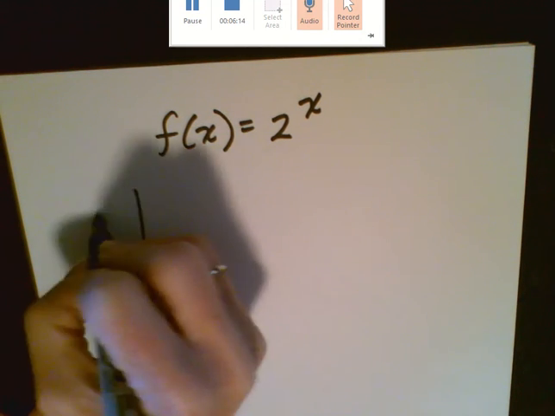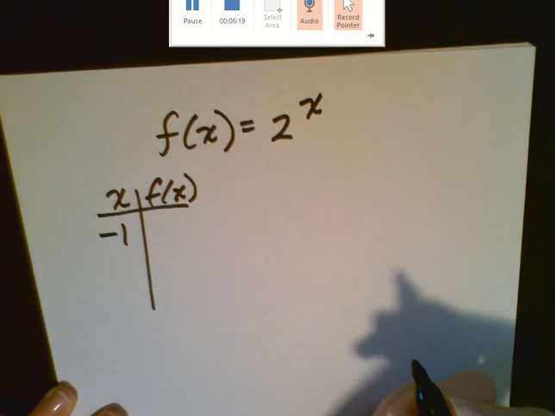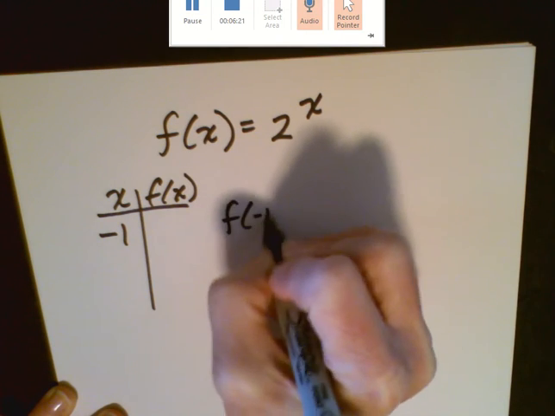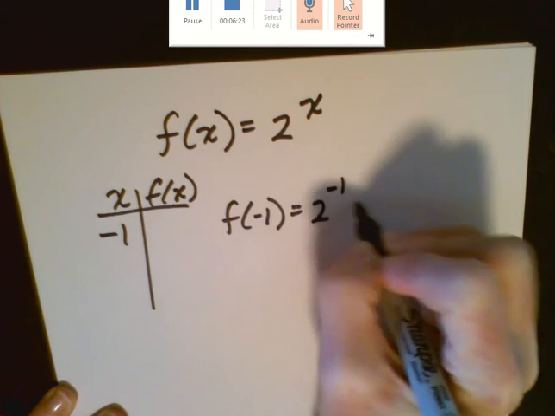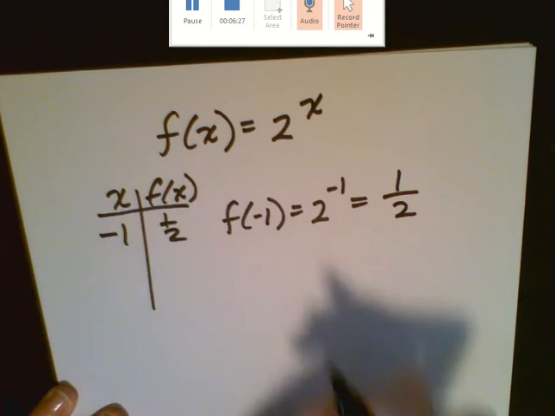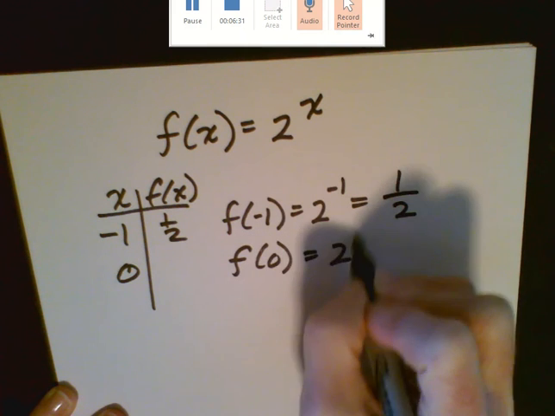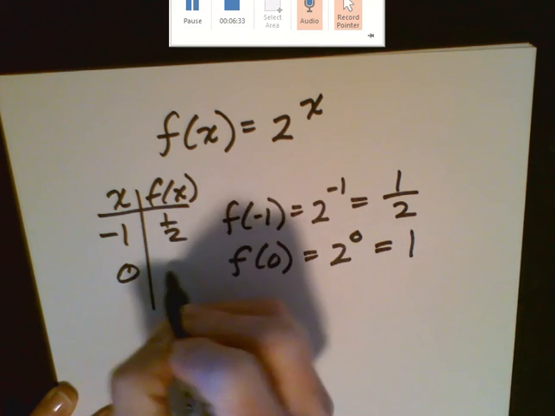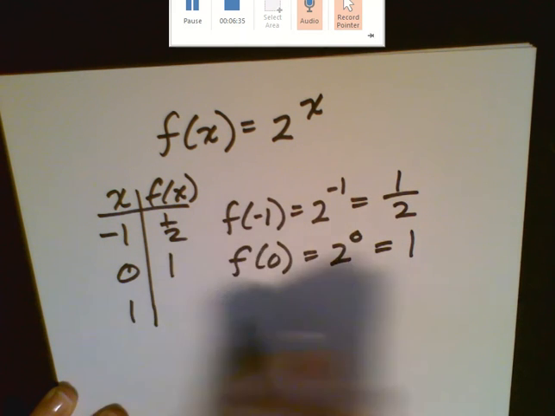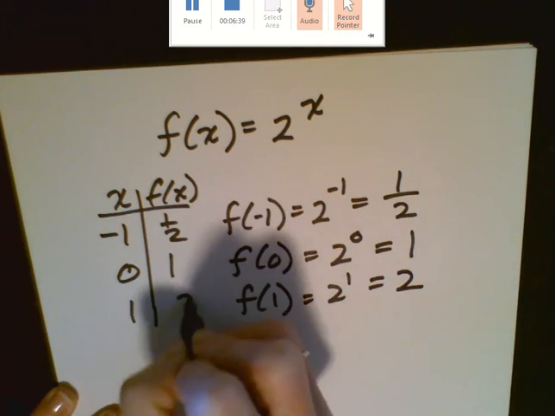So let's just look at how we find those. x and f of x. When x is -1, f of -1 equals 2 to the -1, which is 1 over 2 to the 1, or 1/2. When x is 0, f of 0 equals 2 to the 0, which of course is 1. And when x is 1, 2 to the first power, which of course is 2.